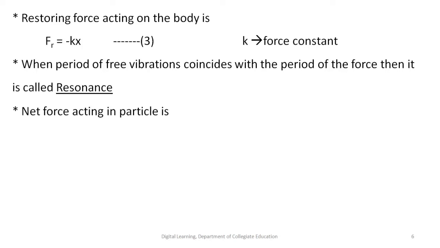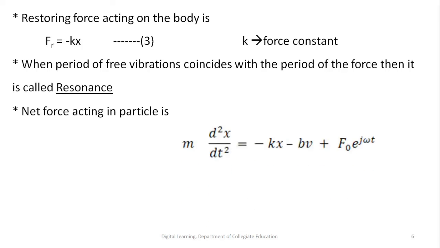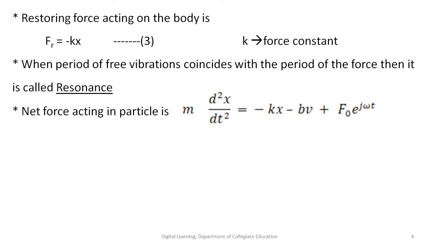The net force acting on the particle at resonance is given by F, the force applied. That can be represented as m into d square x by dt square is equal to minus kx, that is the restoring force, minus bv is the damping force, plus F naught e power j omega t is the external force applied.